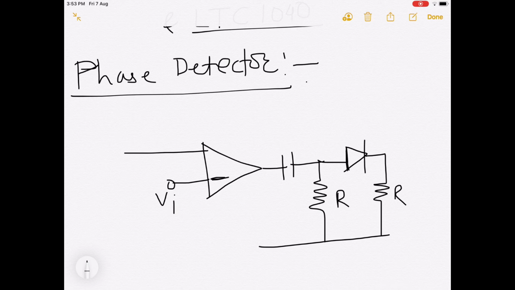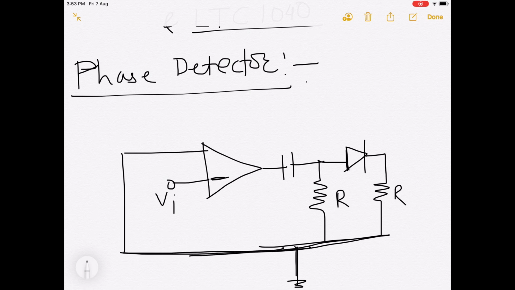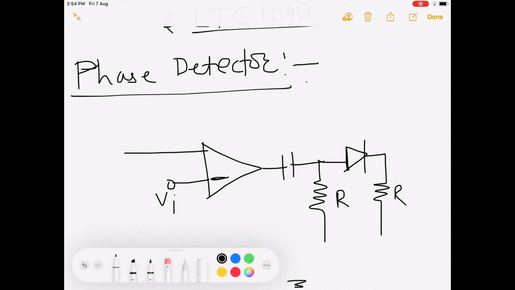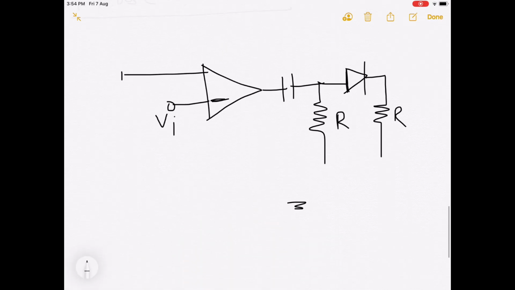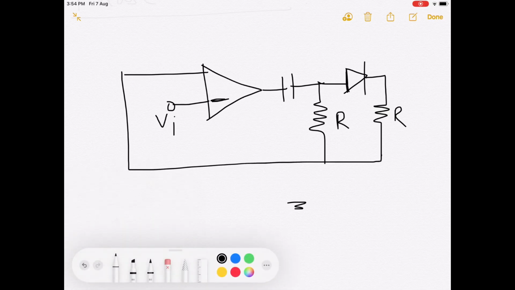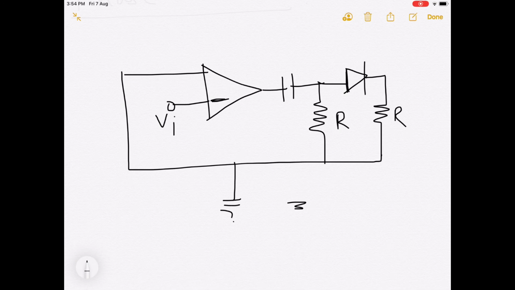This is grounded actually, and this is also grounded. So we are connecting it together, making a common ground. So this is our circuit diagram. Now, the op-amp comparator is there, and at the output side a capacitor, resistor and one diode are used.